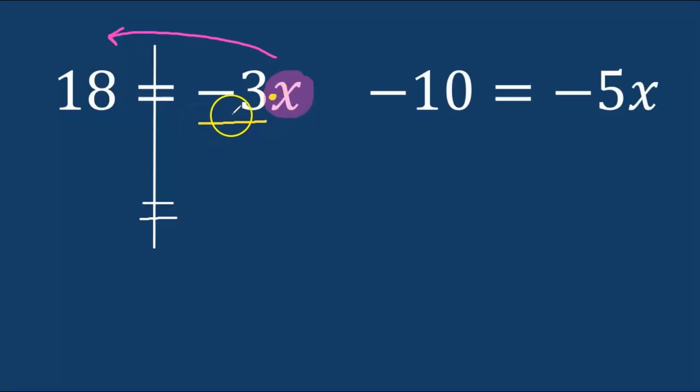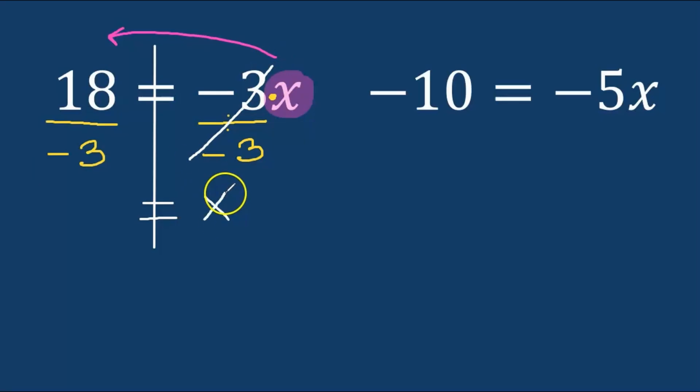So we are going to divide, and we have to get rid of the -3, so we're dividing by -3. We do it to both sides. -3 divided by -3 turn into a 1.